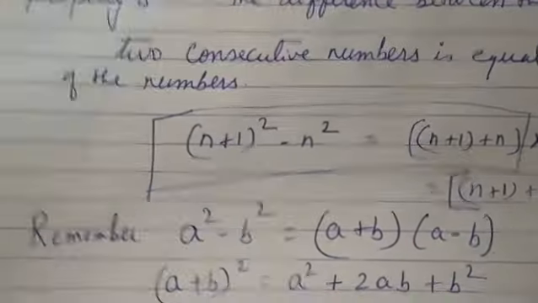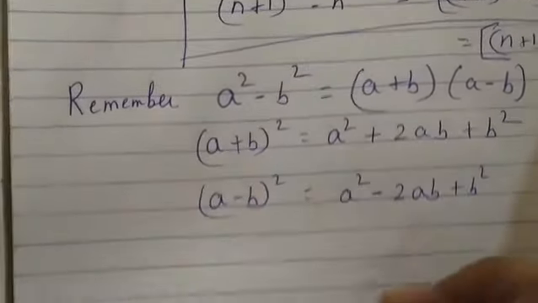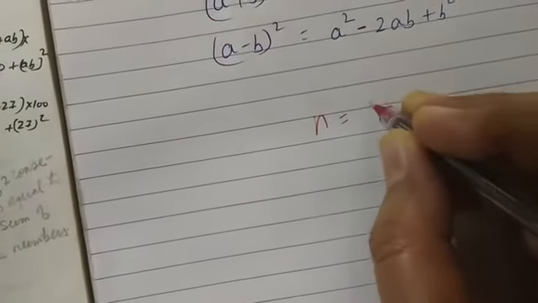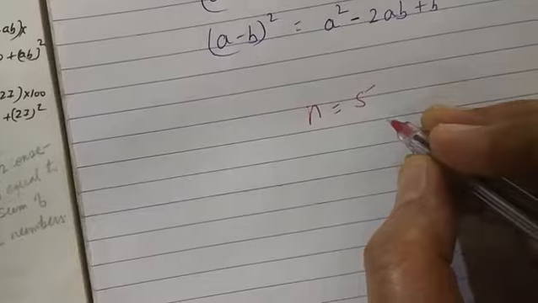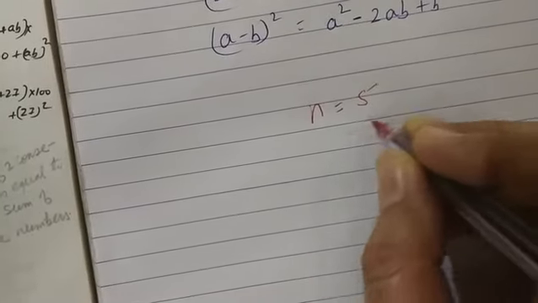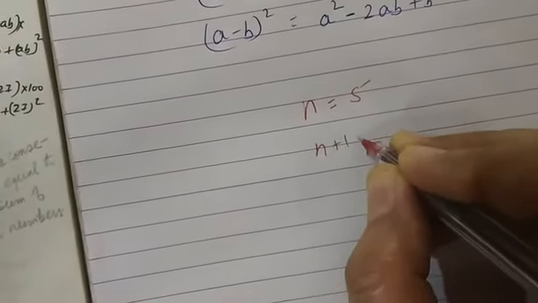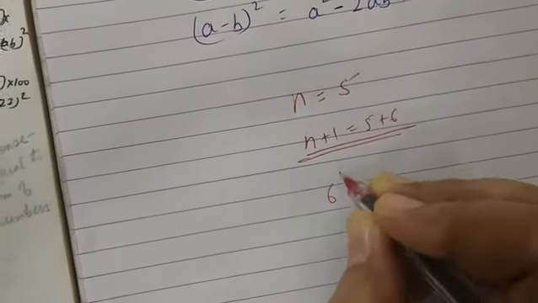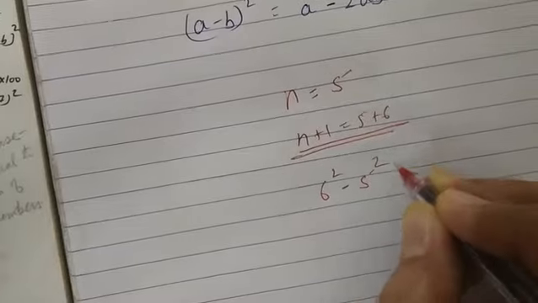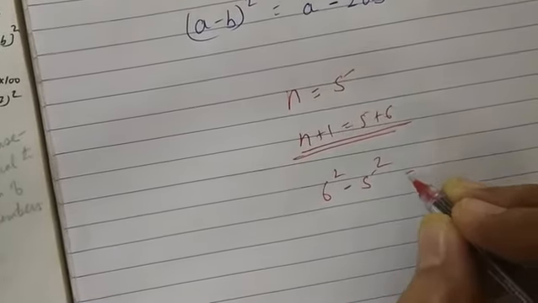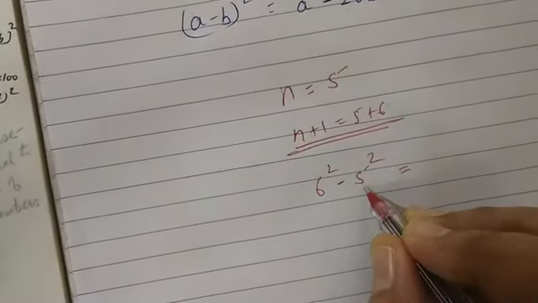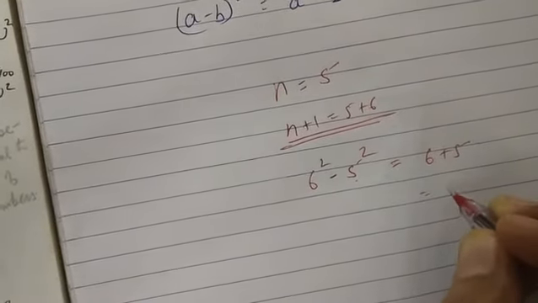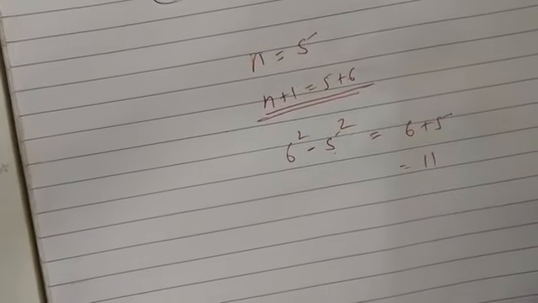Suppose we have taken n is equal to 5. So our next consecutive number will be n plus 1, that is 5 plus 1, 6. So 6 square minus 5 square will be equal to the sum of the numbers, that is 6 plus 5, which is 11. Clear?